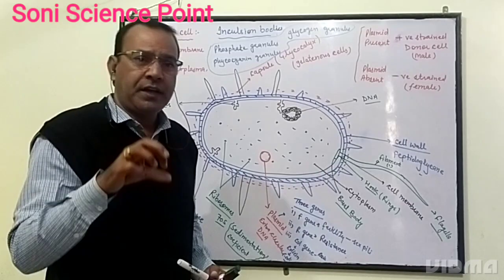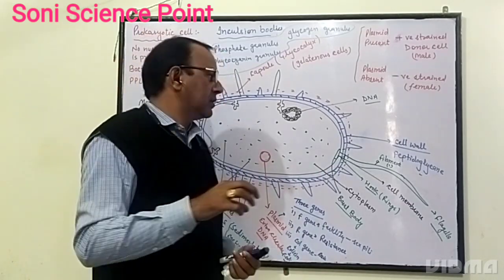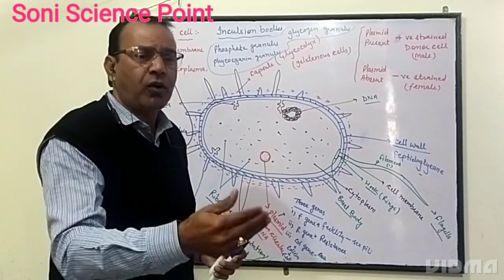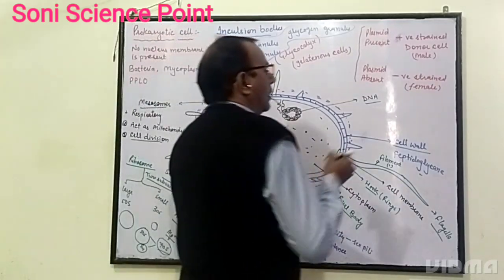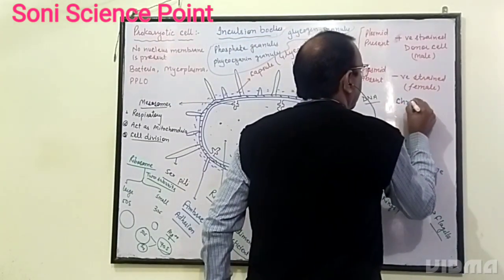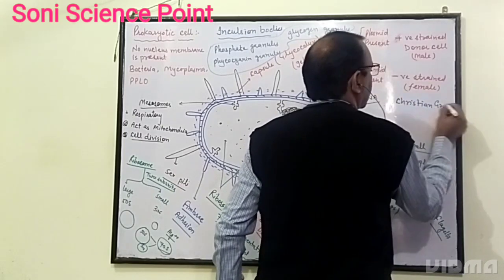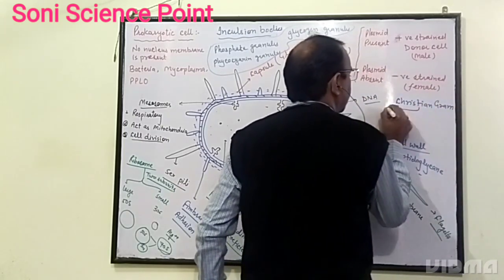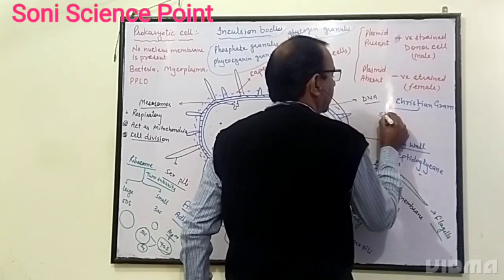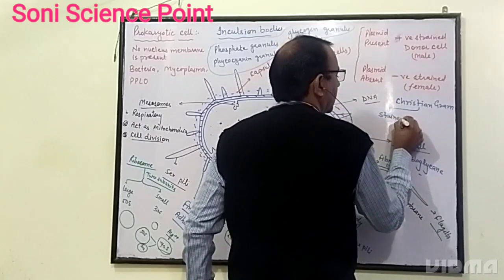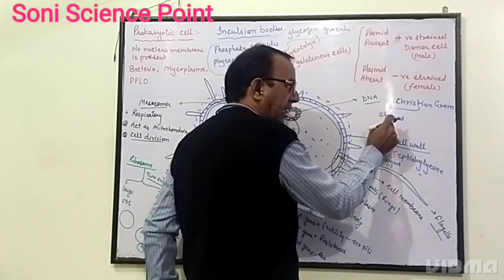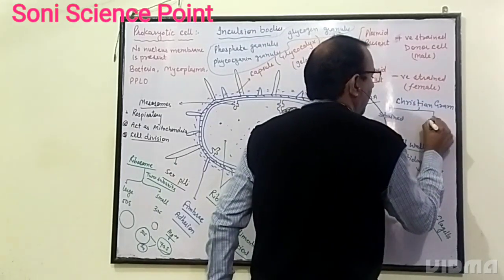Christian Gram, a scientist, showed that some cells of prokaryotes may be stained and some may not be stained.